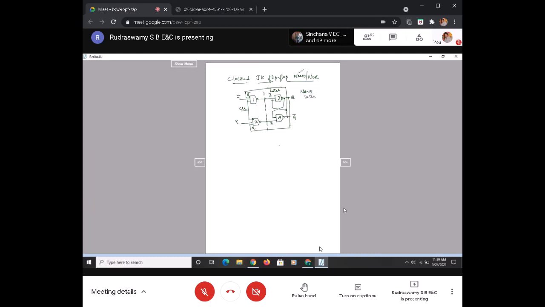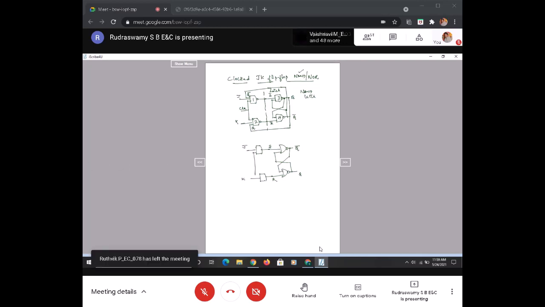The next is your NOR latch. This is R, this is Q bar, this is Q, and here you add 3 input AND instead of 3 input NAND. This is your J, this is your K, and this is the clock.